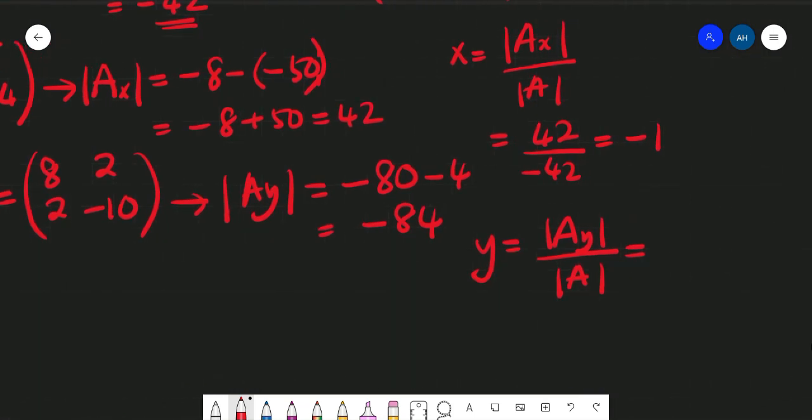So we write down negative 84 divided by the determinant of A, negative 42. It becomes positive, and 84 divided by 42 is equal to 2. Alright, so we already have the solution. The solution is x equal to negative 1 and y equal to 2.